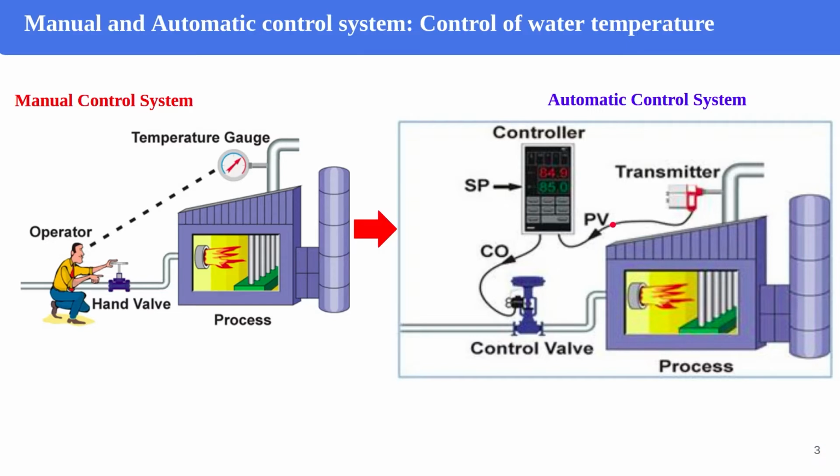Based on the error and the controller's tuning constants, the controller can calculate the appropriate controller output to set the control valve at the correct position to keep the temperature at the set point.